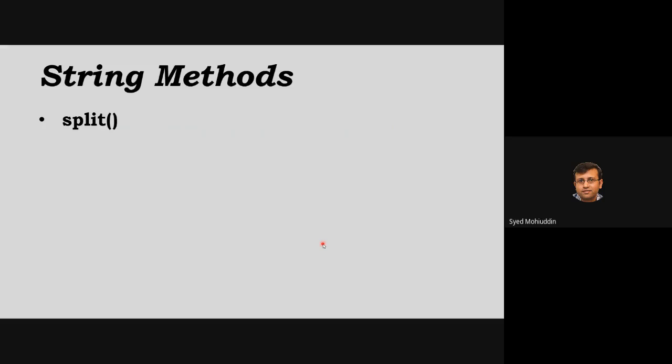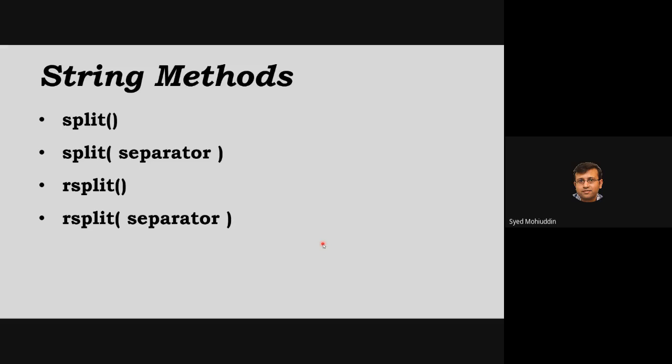This split function by default will split the string using the space as the delimiter. We have an argument where we can provide a separator also. For example, if I have a comma in a string, I can split that using comma as the separator. The same way we have rsplit, that is splitting in the reverse order.